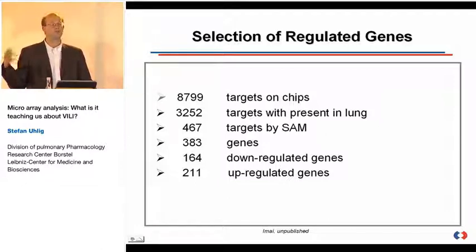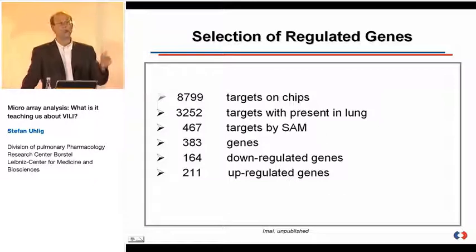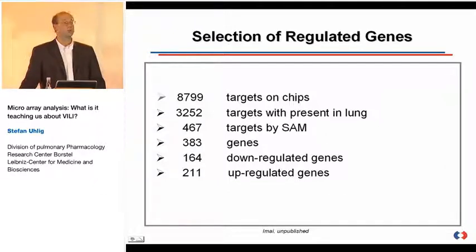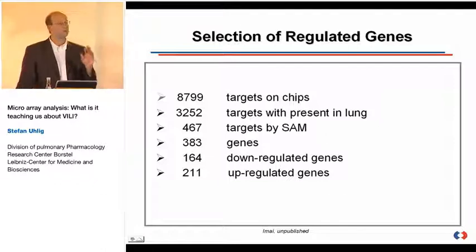And sometimes it's a problem to figure out really where all those common genes are. So of those targets, 3,200 roughly were present in the lung tissue. Does not mean that they were changed at all, just the probes hybridized on the array.